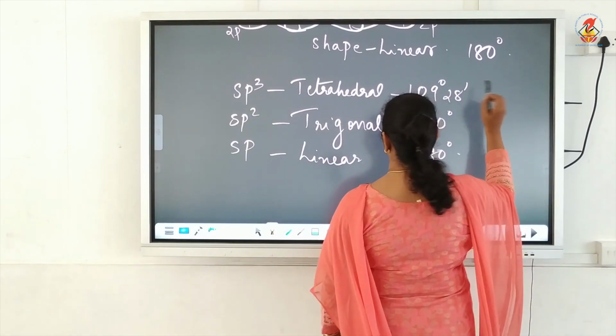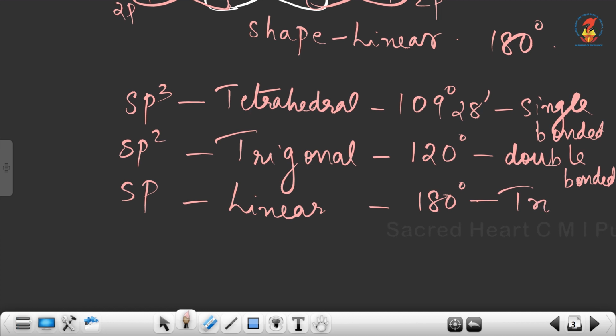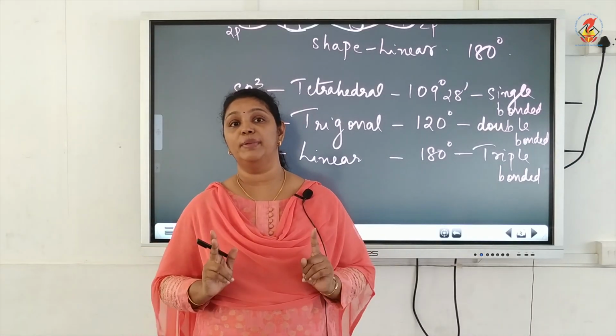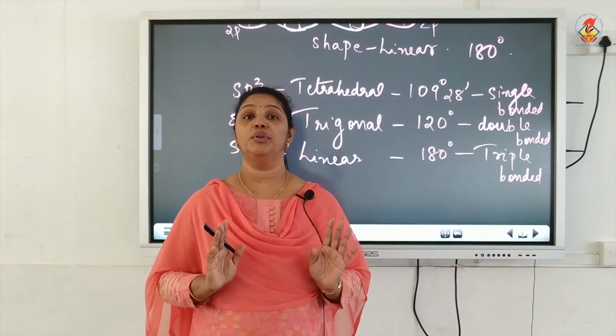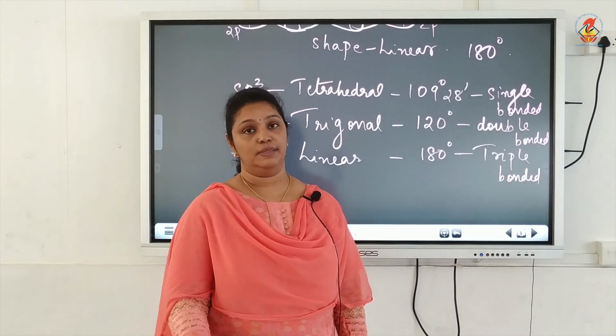So sp3 is found in single bonded carbon atom, sp2 in double bonded ethene, and sp in triple bonded ethyne. So whenever you see a single bonded carbon atom, the hybridization of that carbon is sp3. If it's a double bonded carbon atom, hybridization is sp2, and triple bonded it is sp.